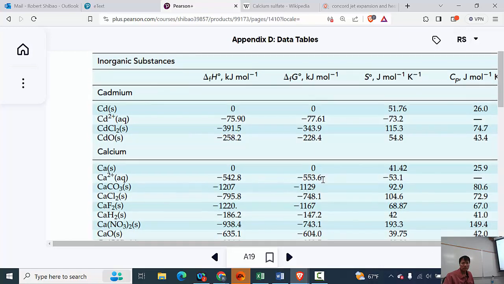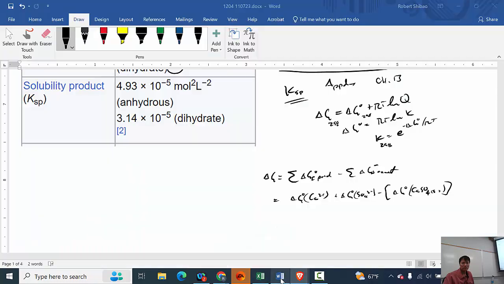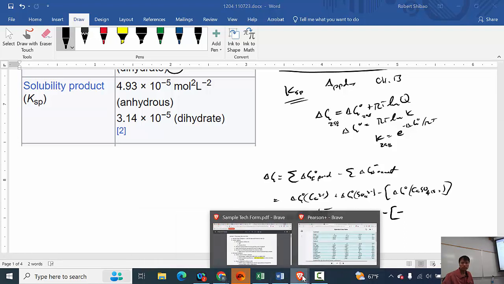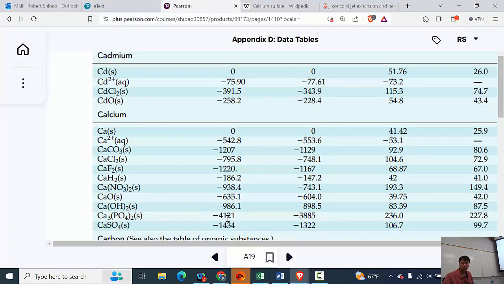Minus 553.6 kilojoules. And this on the end was a minus 1322.